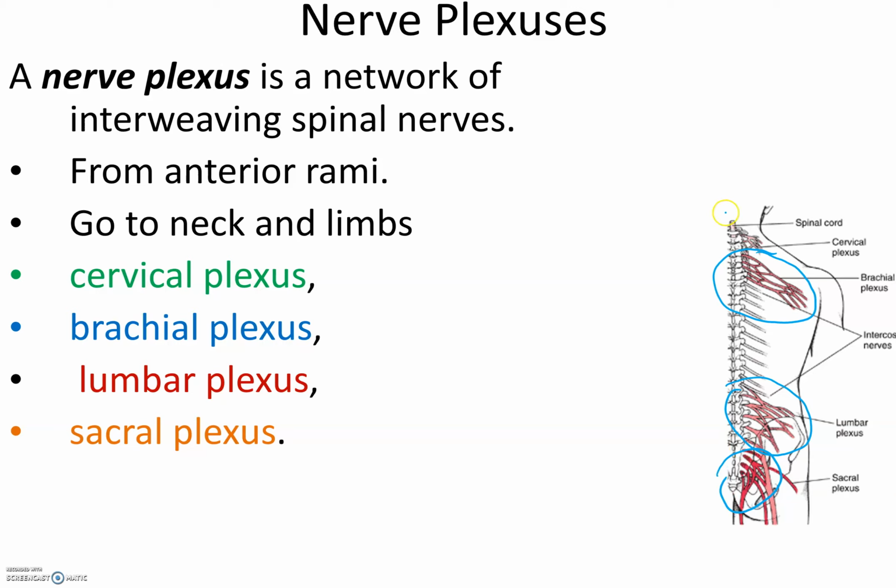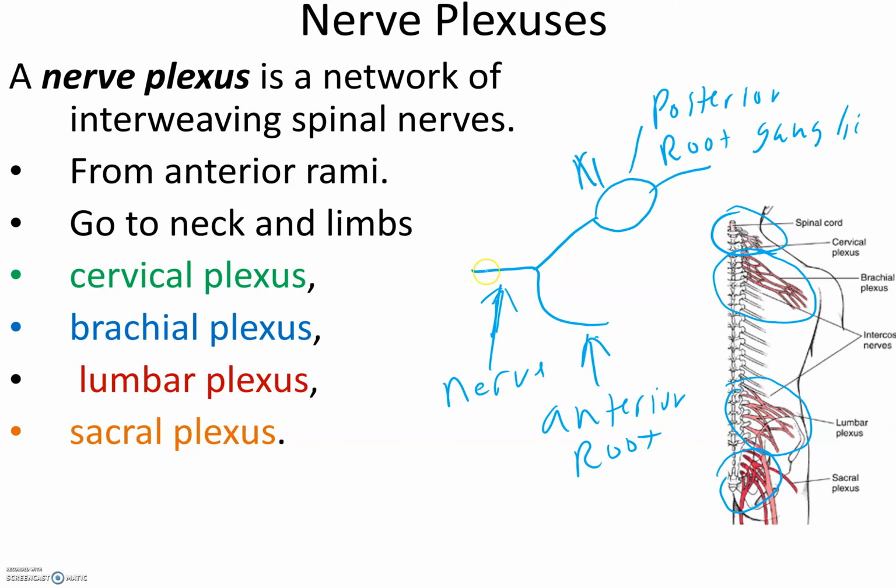And then we have the cervical plexus. So they all originate from the anterior rami. So remember, we have our posterior root, our anterior root, they come together, forms a nerve, then we have this very sad posterior ramus, and this very exciting anterior ramus.